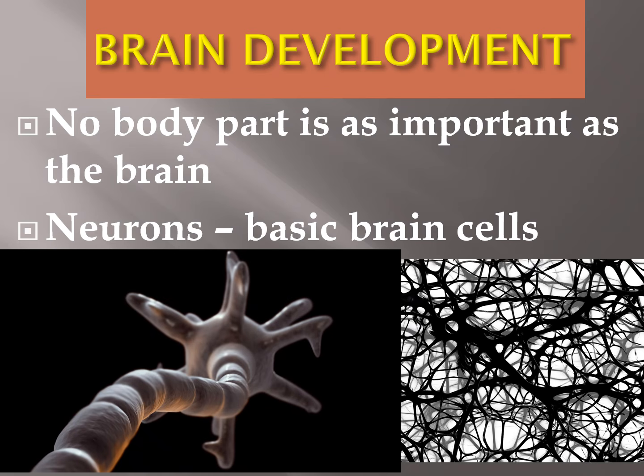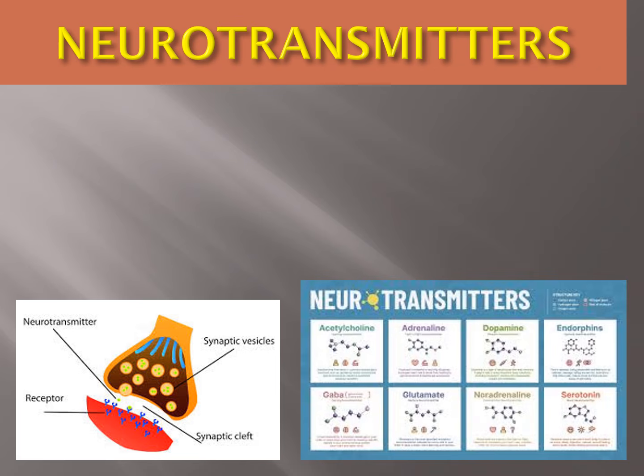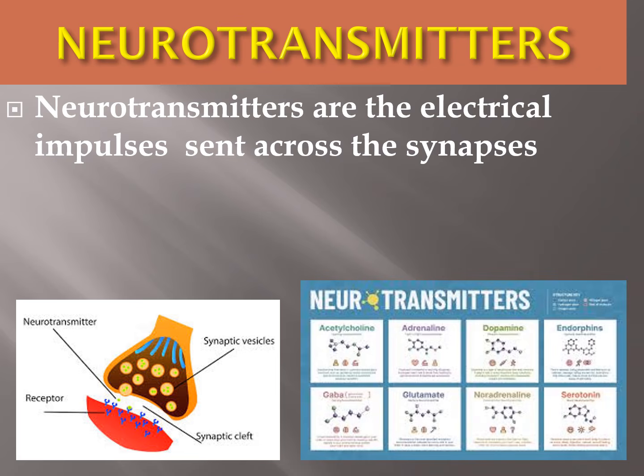But neurons are your basic brain cells. They're pretty interesting. This next part is not on your quiz, but it's just interesting that you have one nerve cell down here going up to a receptor or another nerve cell. They don't ever touch each other to communicate, but they send electrical impulses across the gap, which is the synapse.